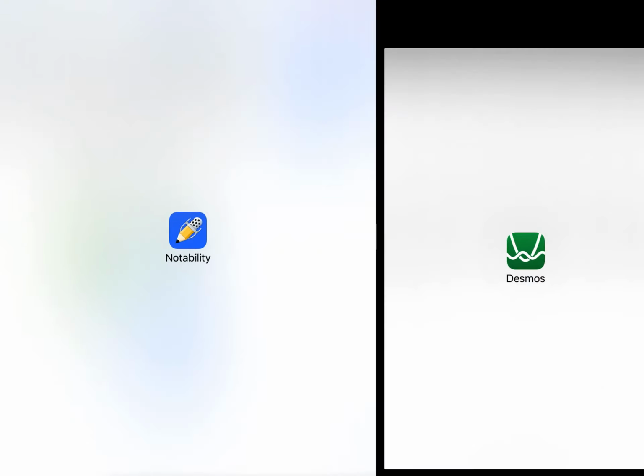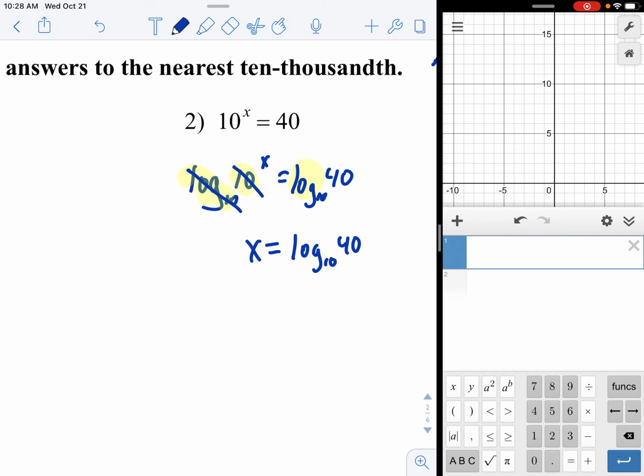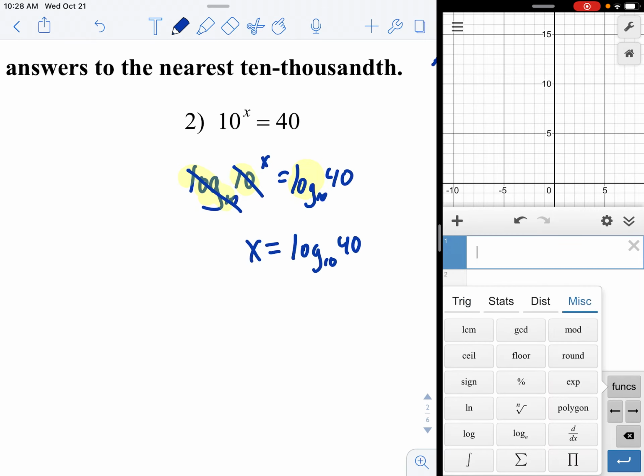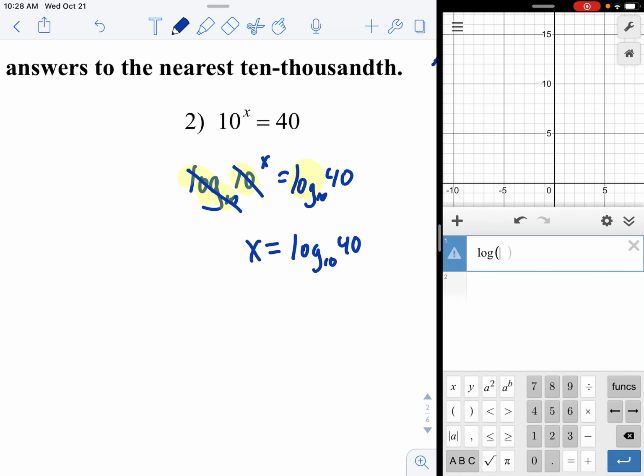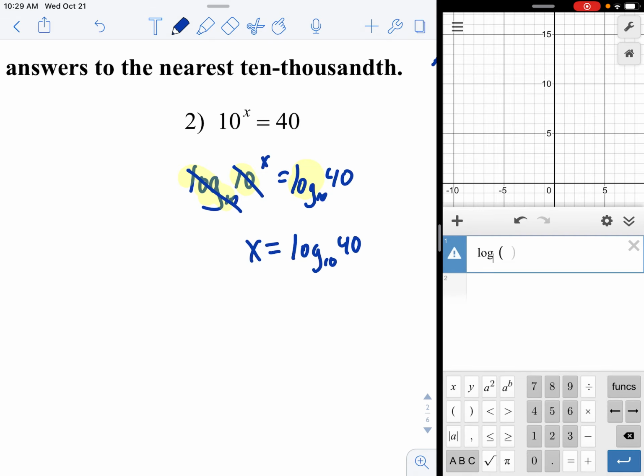So let me pull this up. Clear that out. So I need to type in log base 10 of 40. There's a function button on Desmos right there. If you hit miscellaneous, you'll see two log buttons. Down in the second to the bottom row, there's log and log A. I'll use log A right now to show you.